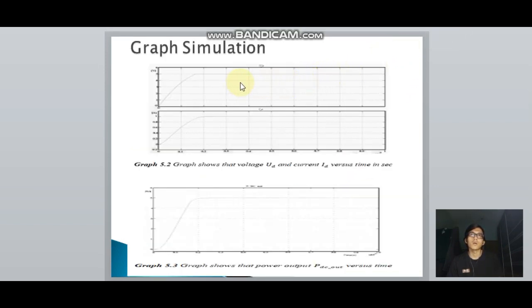Here is our graph simulation from the circuit. For the first circuit, this is the voltage and current output graph, and this graph is the power output graph.